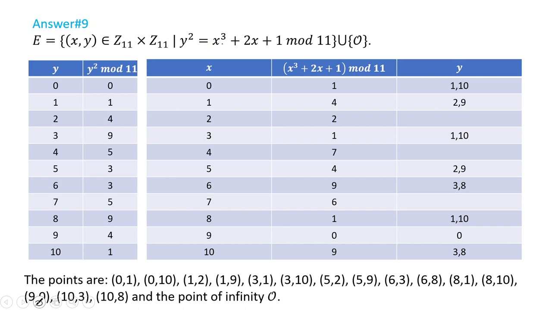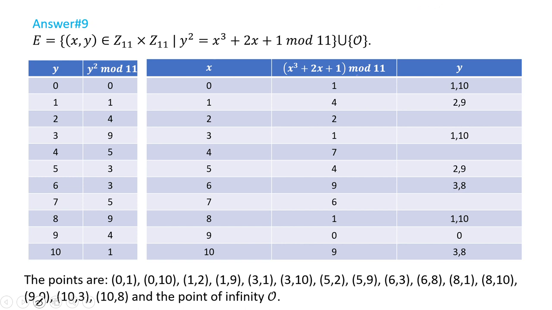Now you compute the value x cube plus 2x plus 1 mod 11 for various values of x. So you go from this direction, x to x cube plus 2x plus 1 mod 11. For example, let's say 4. 4 cube is 64 plus 2 into 4 is 8, so 72 plus 1, 73 mod 11, that is 7.